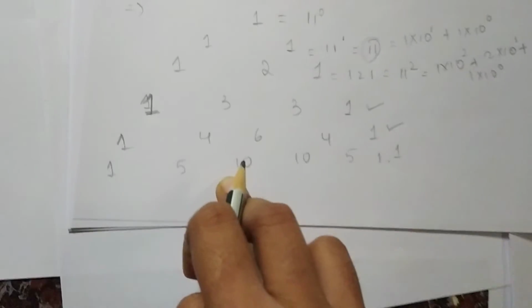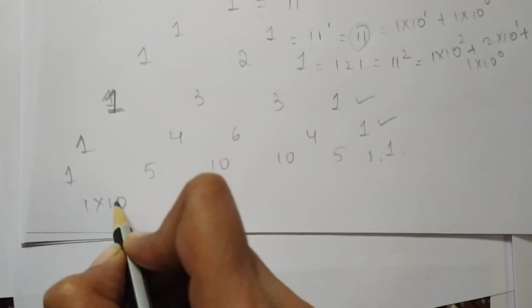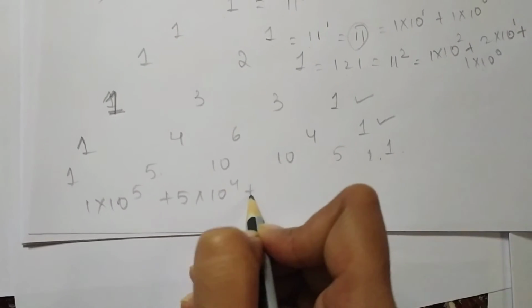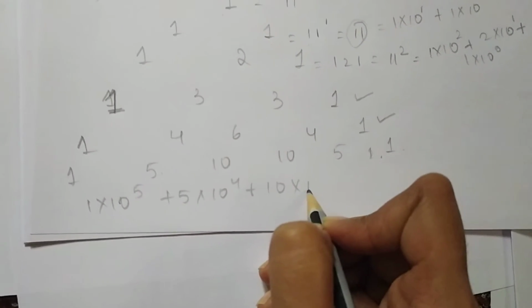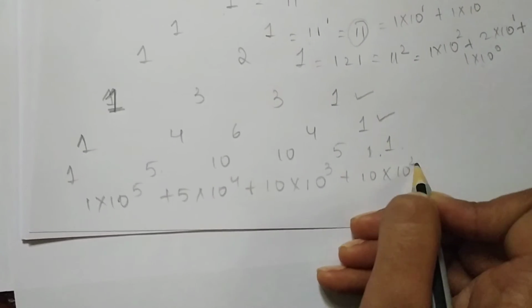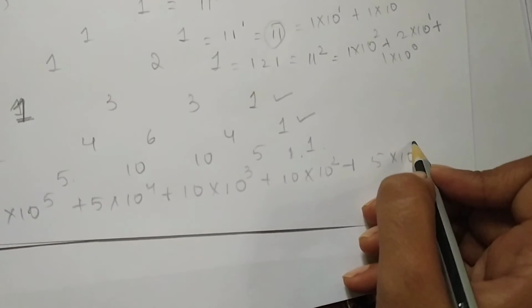Let us deal with this row, that is the 5th row. 1 into 10 to the power of 5 plus 5 into 10 to the power of 4 plus 10 into 10 to the power of 3 and 10 into 10 to the power of 2 plus 5 into 10 to the power of 1, right?